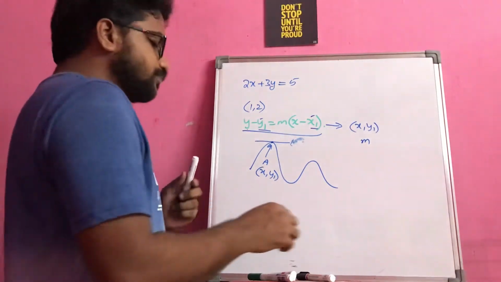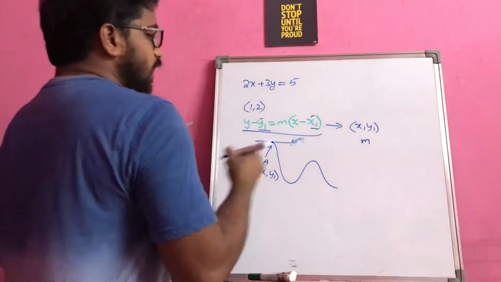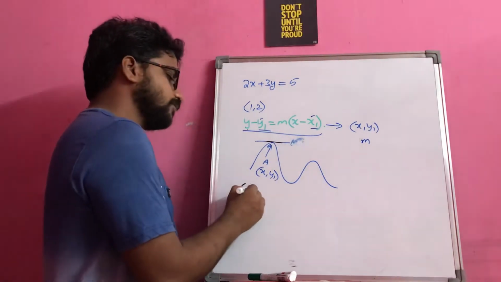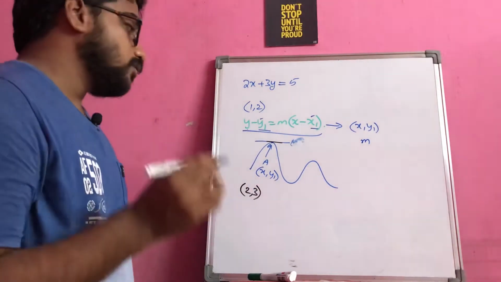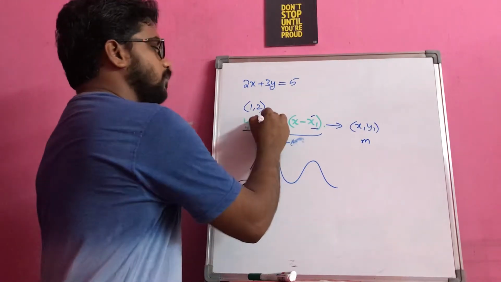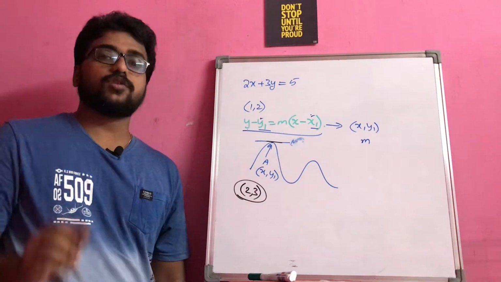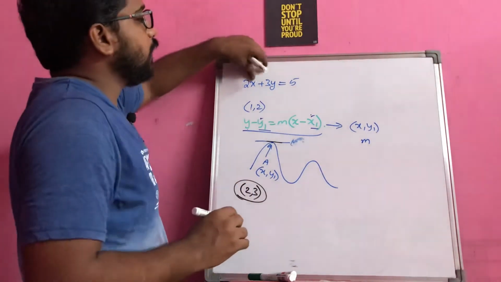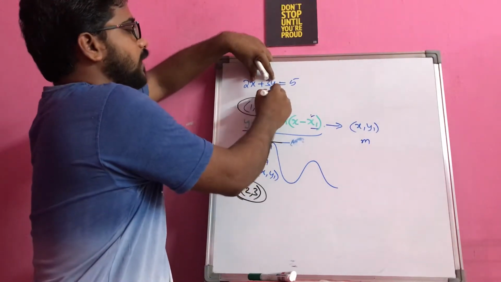So for example, in the question if I mention that this tangent is passing through some particular point, say (2, 3) or (1, 2), whatever it may be, the question that comes to our mind is whether we have to substitute this (2, 3) in place of x1, y1 or x and y. It is very obvious that in the earlier example you substituted the value of (1, 2) in the place of x and y, right?